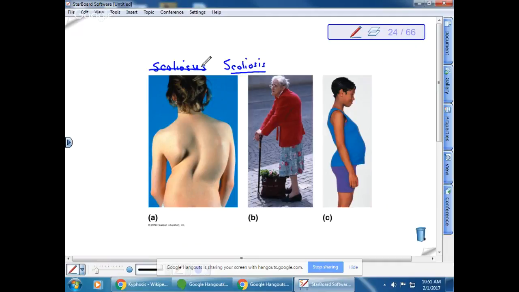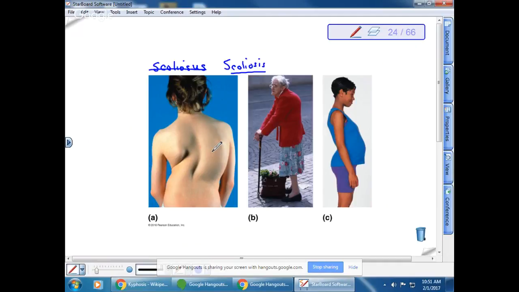Okay, so we have a weird lateral curvature, okay? This is really extreme, right? Sometimes people just have a little bit of one. In this particular instance, it doesn't have anything to do with unusual patterns of bearing weight.